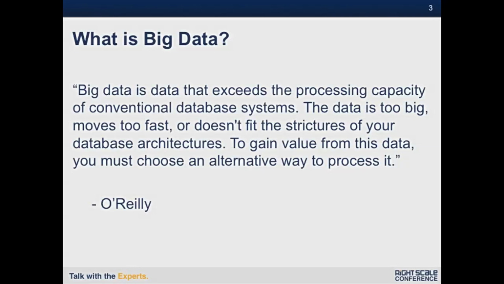If we start out by defining what big data is, I really like the O'Reilly definition, which effectively says big data is trying to work with and analyze any data set that is larger, more complex, or structured differently than our conventional database technologies could handle.